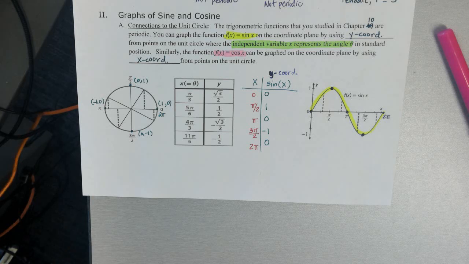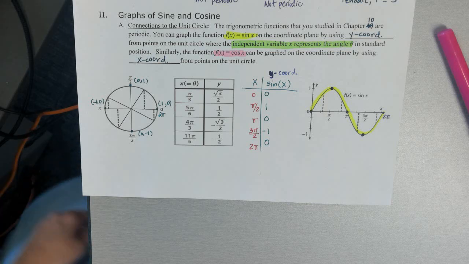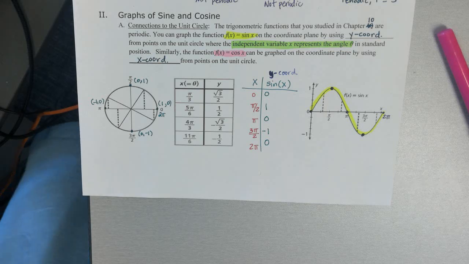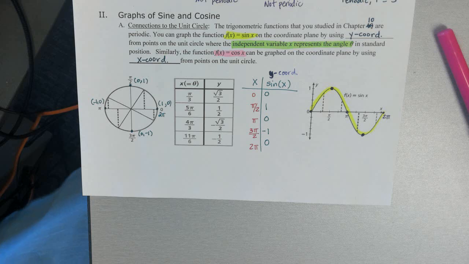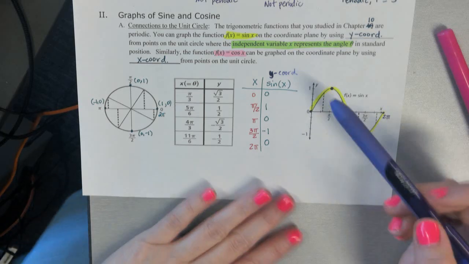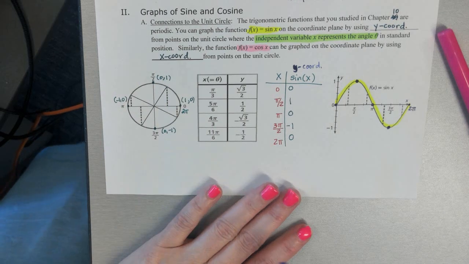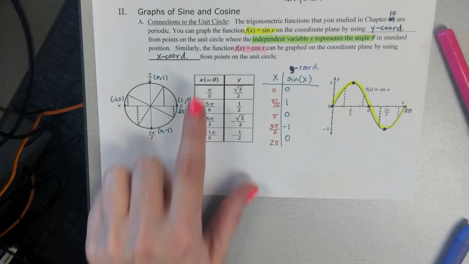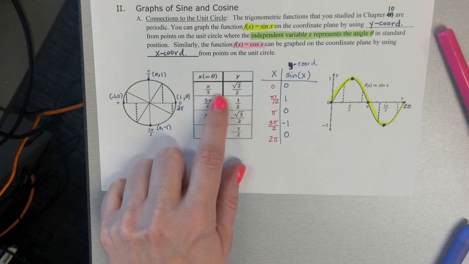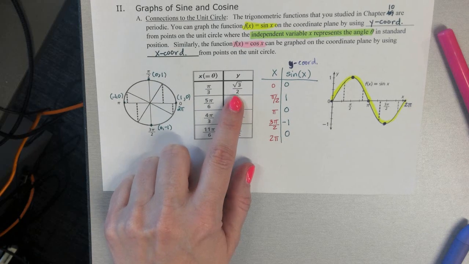These are values that we're going to be talking about a lot today. We're also going to label it on the other side, but I want you to see that these come from the unit circle. Now, you also have this table here. At pi over 3, the y-coordinate is root 3 over 2.